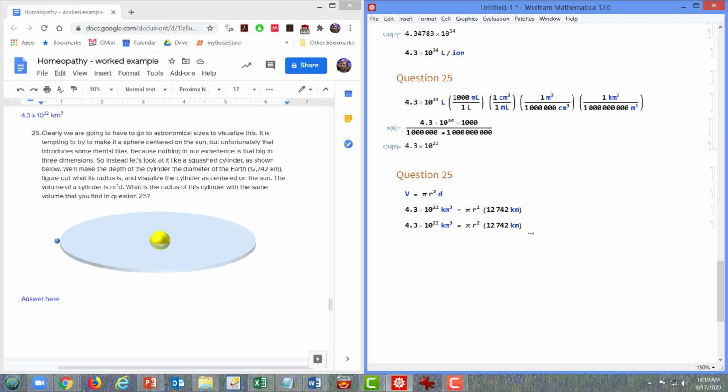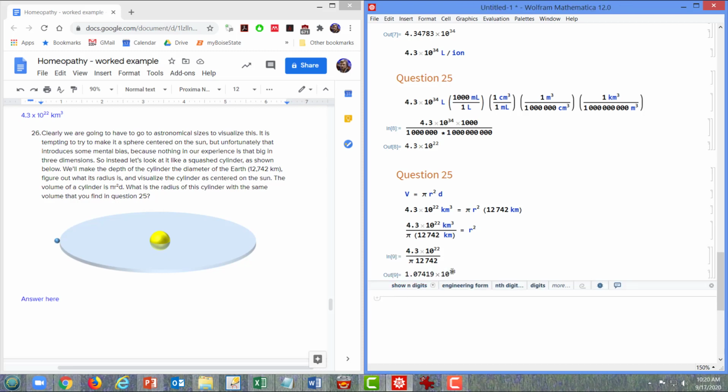We're going to divide both sides by pi. So I'm going to take the pi out here. I'm going to put a pi down here. That divided by pi, and this program knows what pi is, and 12,742.